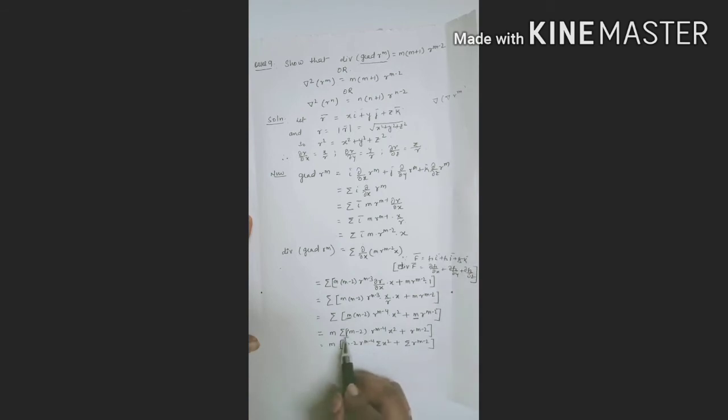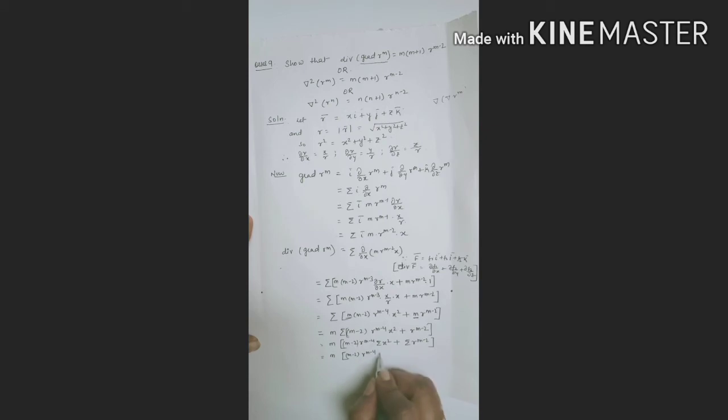In this step, you see I have taken the summation inside the bracket. So the summation will run over this term and the summation will run over this term. Now in this term, the summation will go only for x square plus y square plus z square. This term is common to x square plus y square plus z square. Now you see m minus 2 r to the power m minus 4.